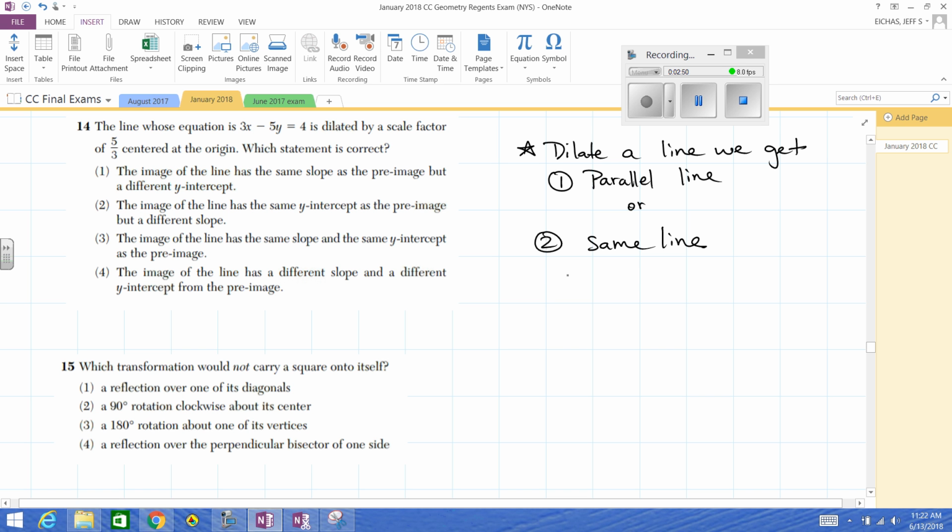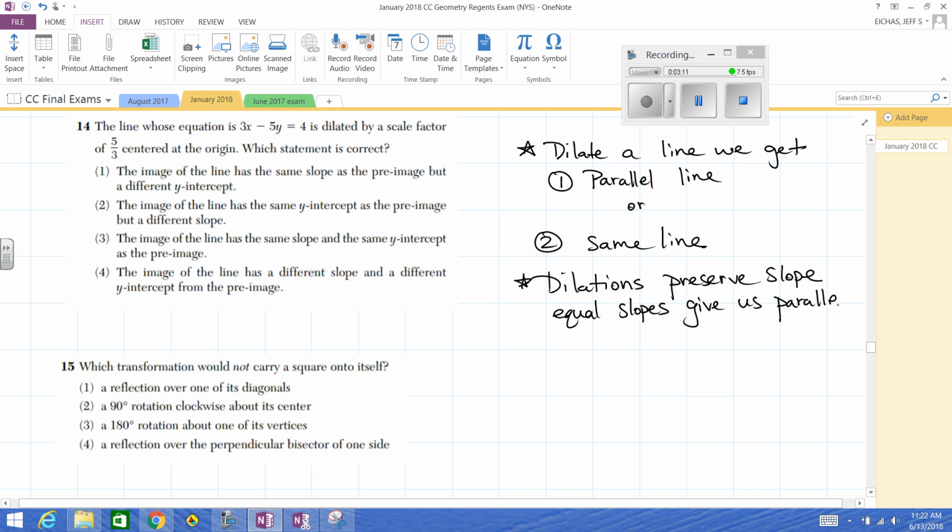Now, what we also have to know is dilations preserve slope. And in preserving slope, equal slopes give us parallel.